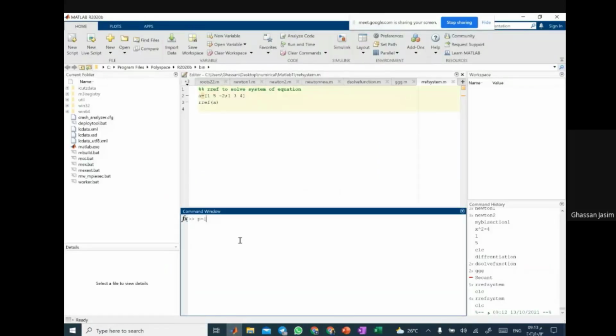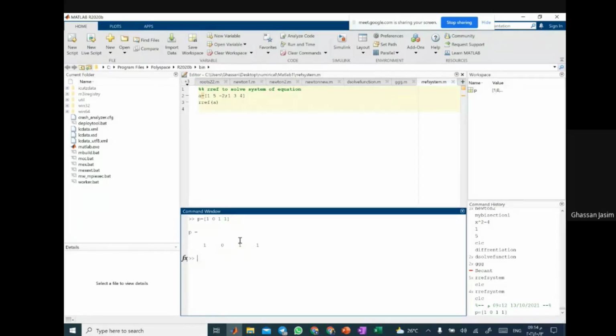Let's solve this. What do we have? I have 1, and I have 0, and I have 1, and I also have 1.